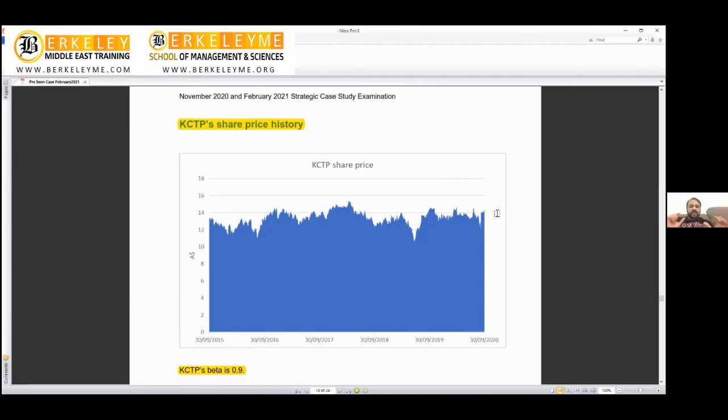So now the question can come: what are the reasons that the share price stays within a specific lower and upper limit, like say 12 to 15?